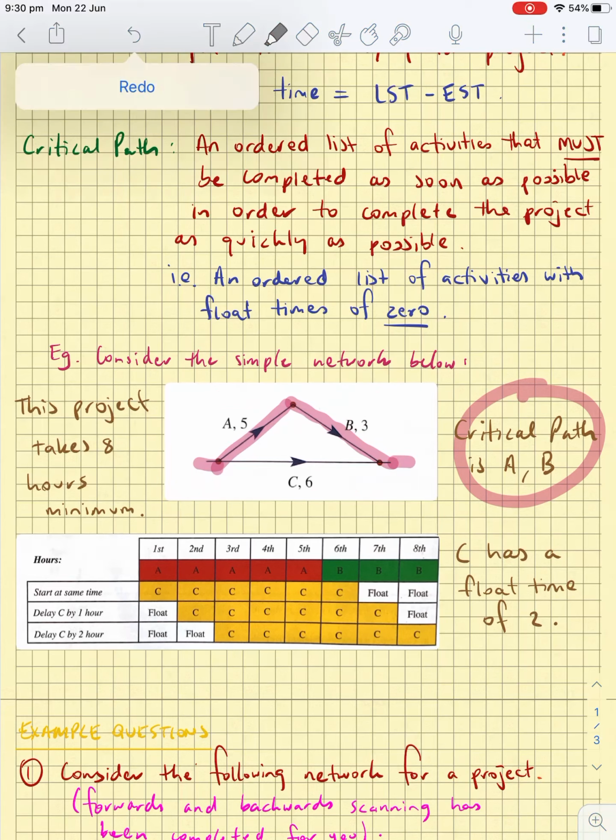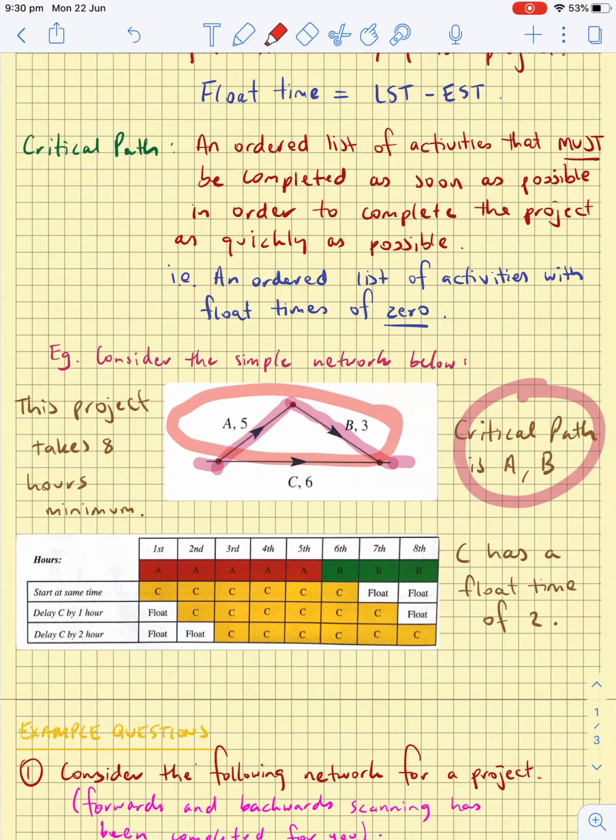The reason is that A and B together are going to take 8 hours, and during these 8 hours you can be doing C at the same time. So this is the priority, and C does have a float time.